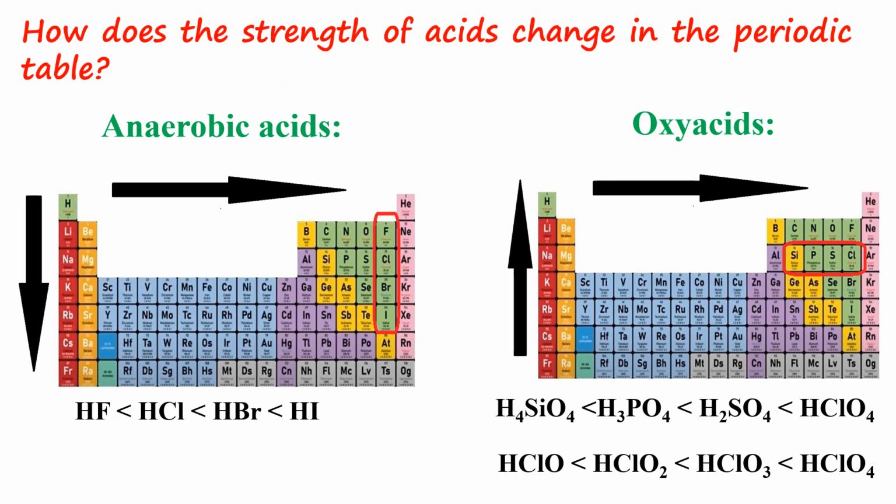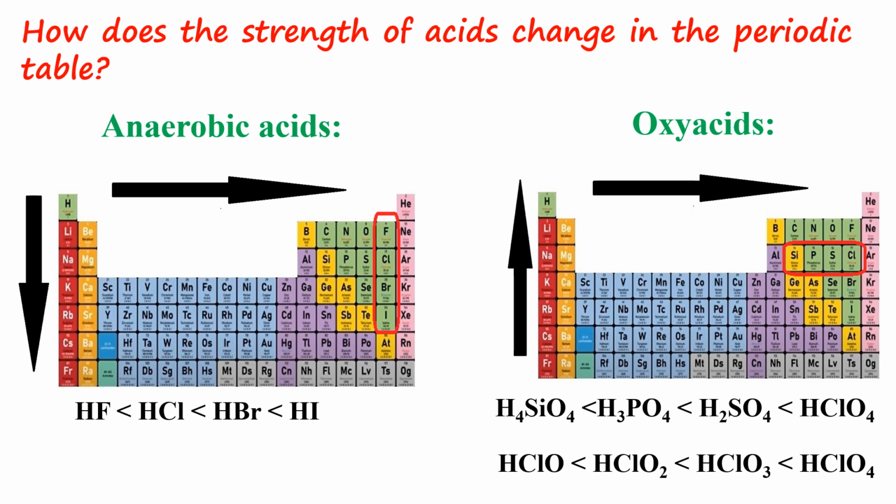It was an interesting fact. Let's go back to dissociation, so to the strength of acids. How does the strength of acids change in the periodic table? As the group number increases, so as the atomic number of the central atom increases, the strength of both oxy and anaerobic acids increases. Now attention, within the given group, anaerobic acids, group 17th, fluorine, chlorine, bromine, and iodine.